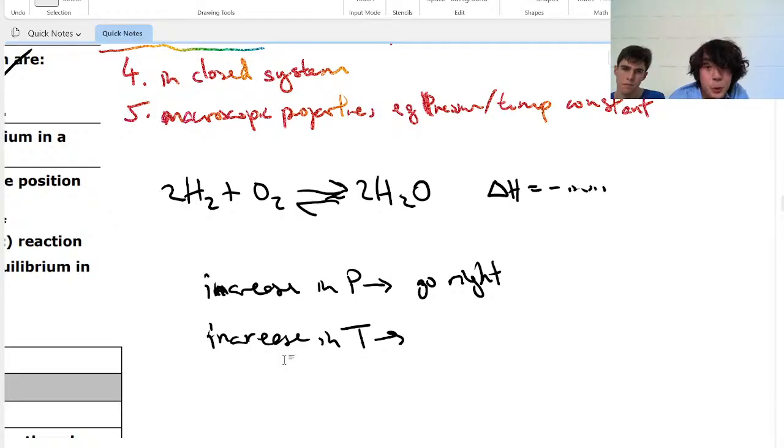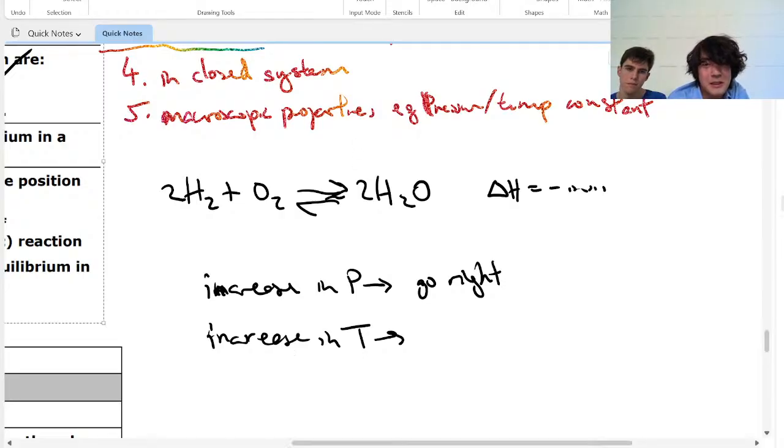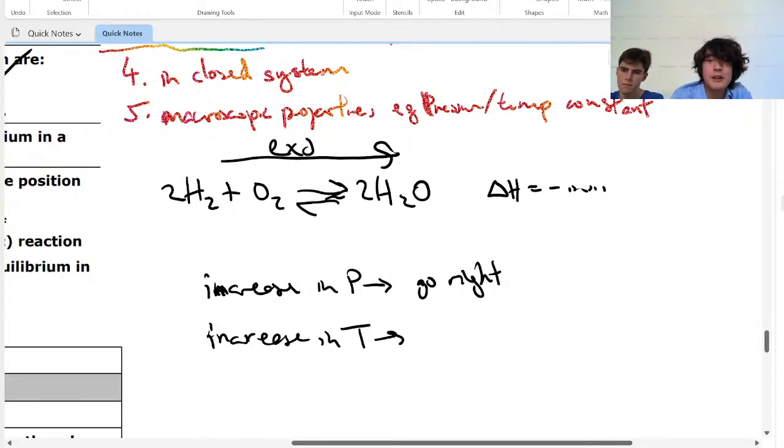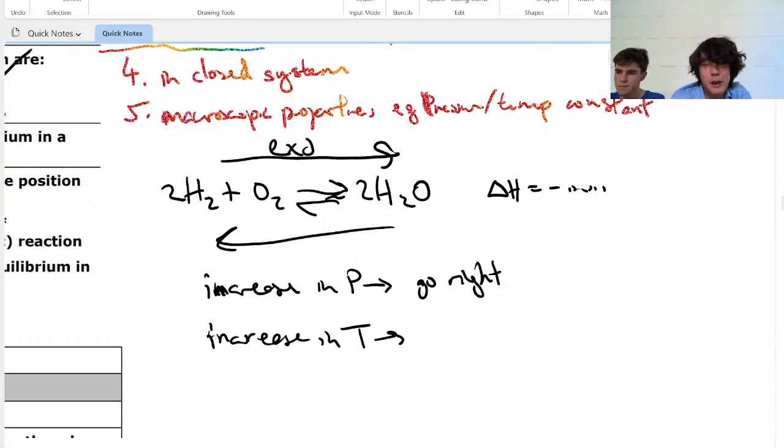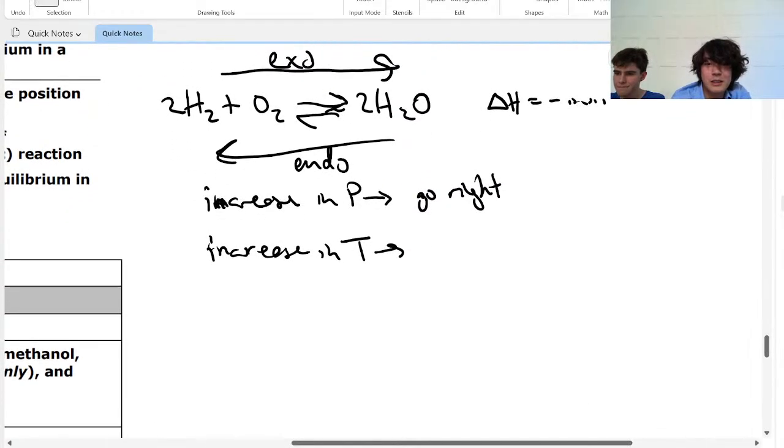Because the forward reaction is exothermic, the backward reaction will be endothermic, because it's just the reverse of the forward reaction. So an increase in T will go left.